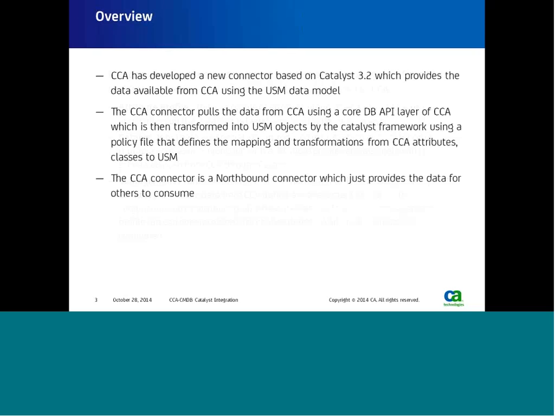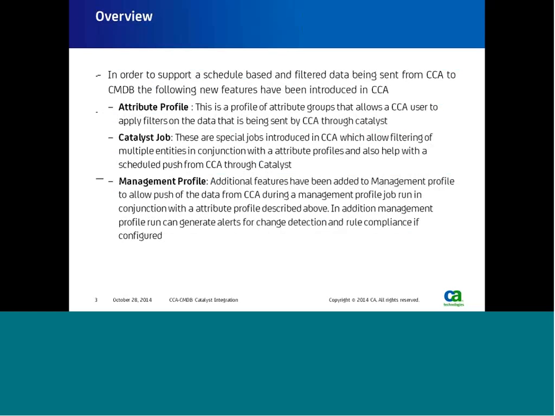Yeah, these are the terms used in CCA UI: attribute profile, Catalyst job, and management profile. So how will the data be filtered in CCA? In the attribute profile, there are three sections available: server, component, service, and we have recently added storage as well.